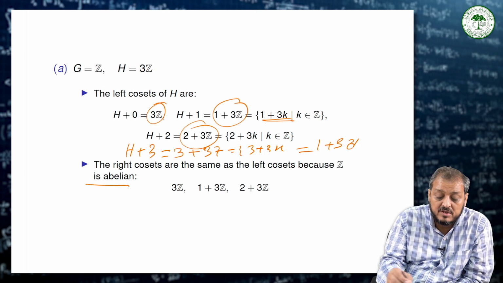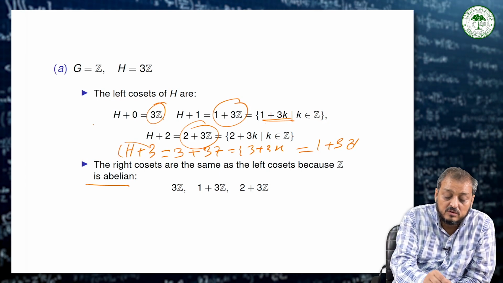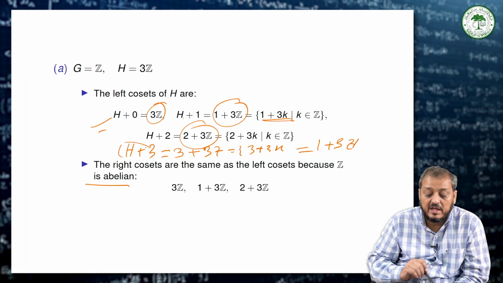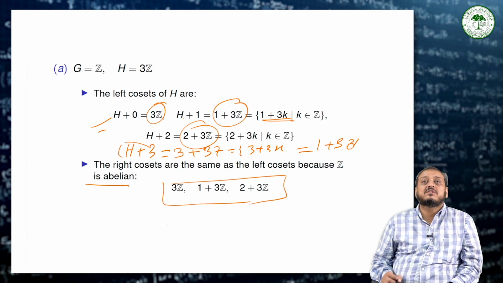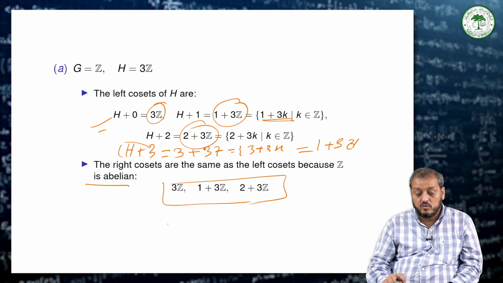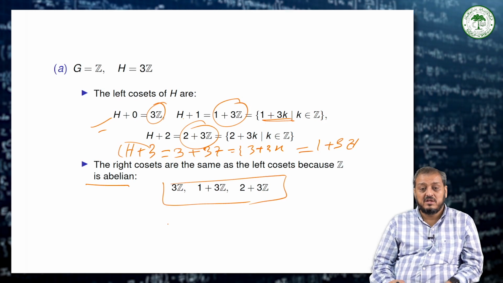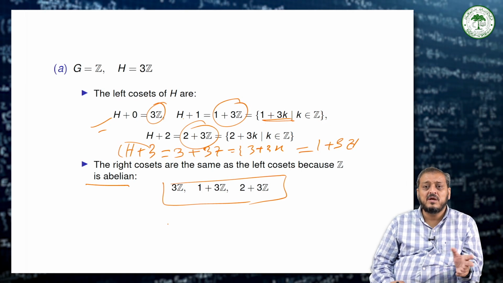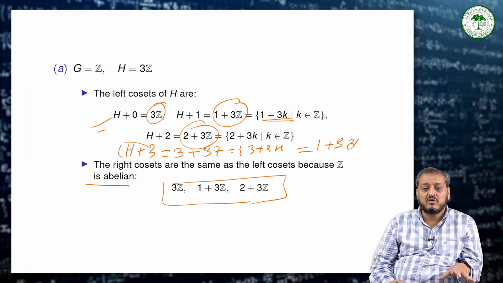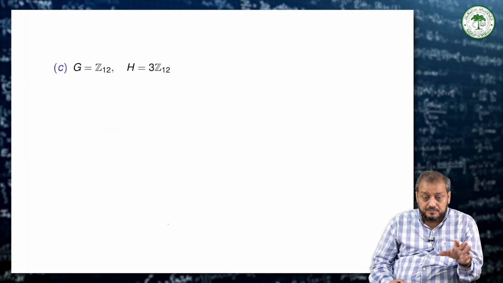So H plus 3 equals H plus 1, and 3Z, 1 plus 3Z and 2 plus 3Z are the 3 distinct left cosets. The right cosets are the same because the group is abelian.